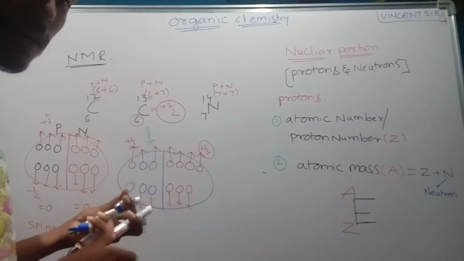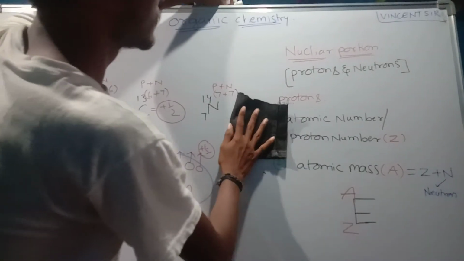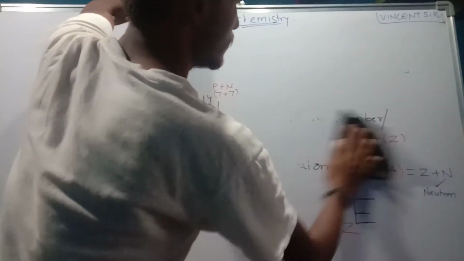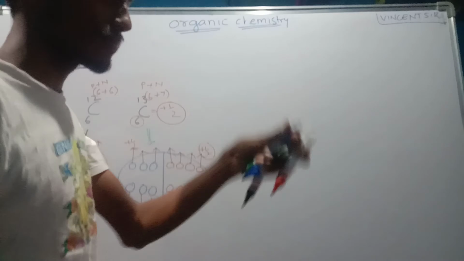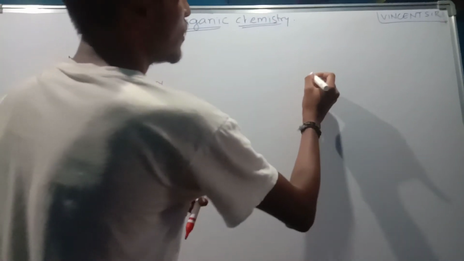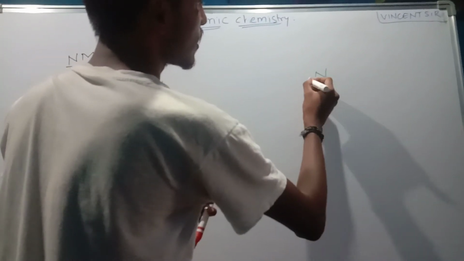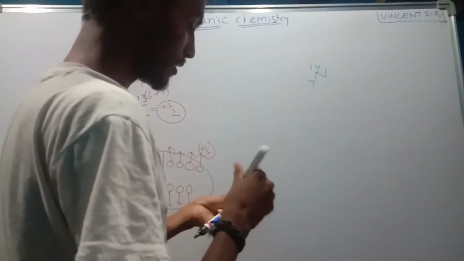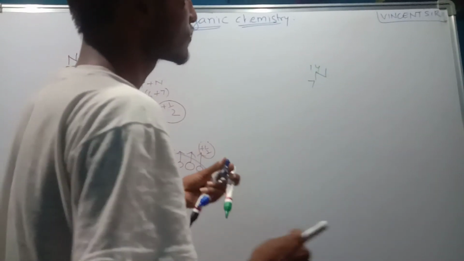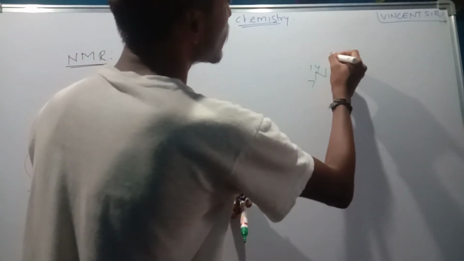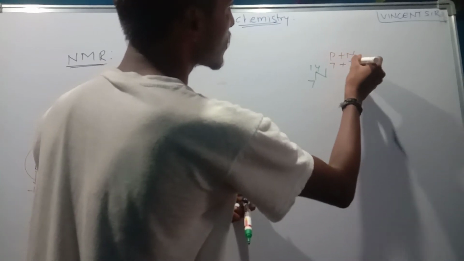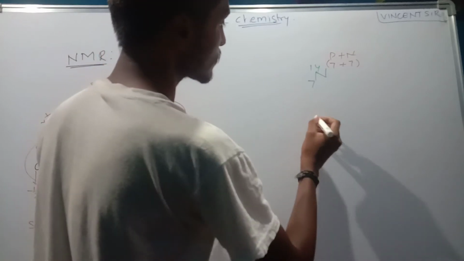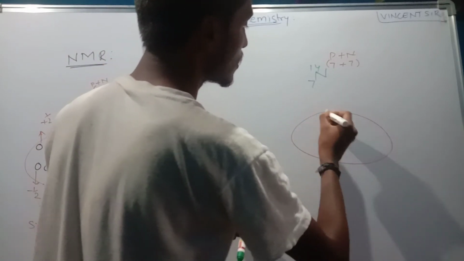And likewise for nitrogen, which has mass number 14: proton 7 plus neutron 7. Then how is this nucleus?